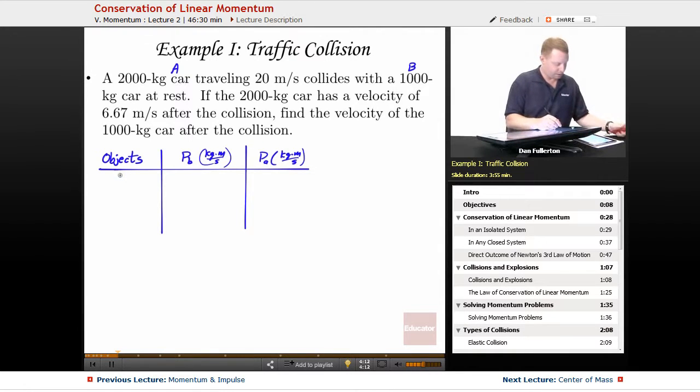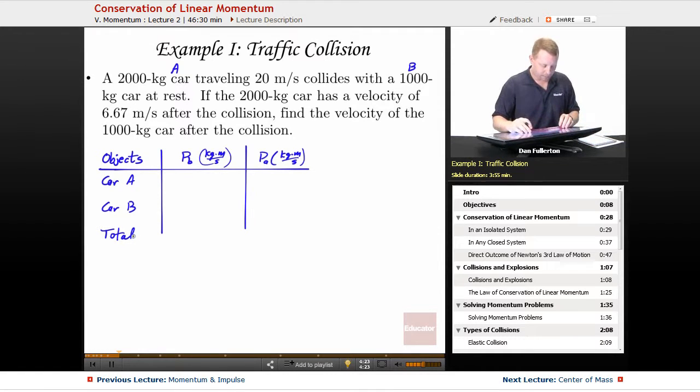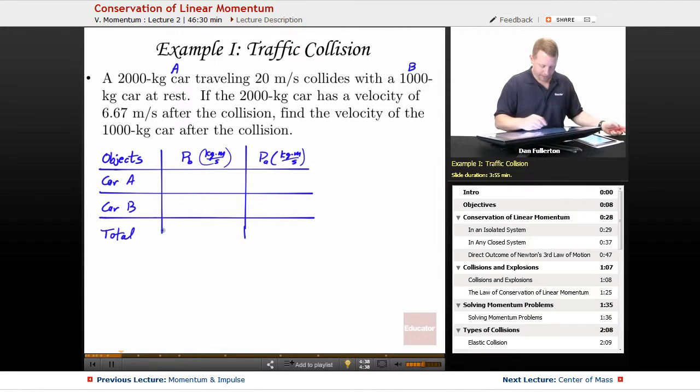We have car A, car B, and we'll make a row for total, just filling in lines on our table to help us stay nice and organized.